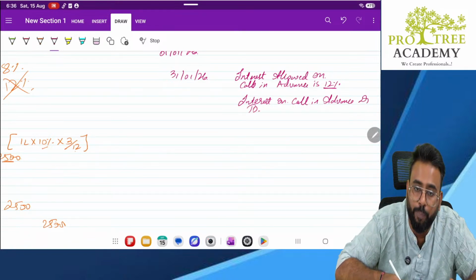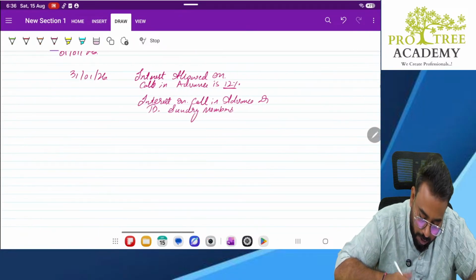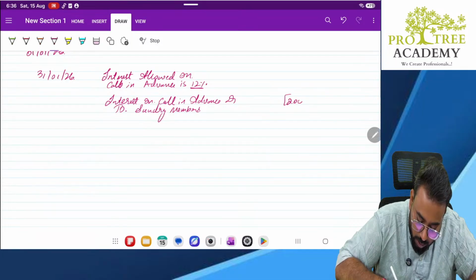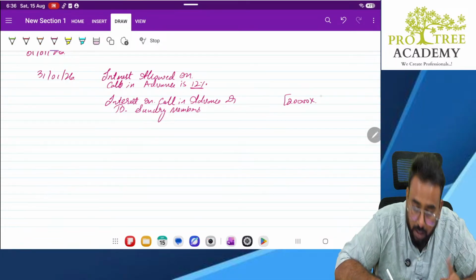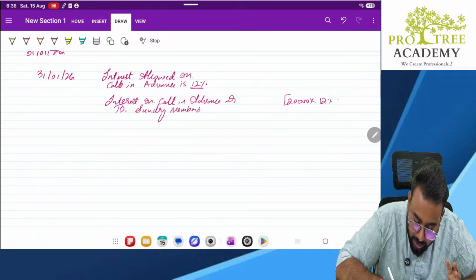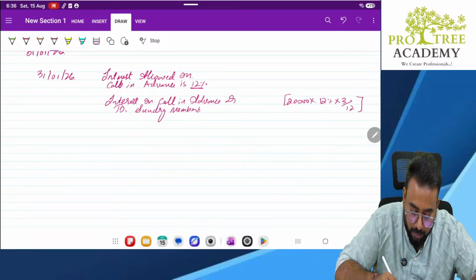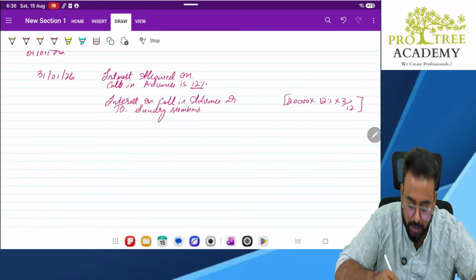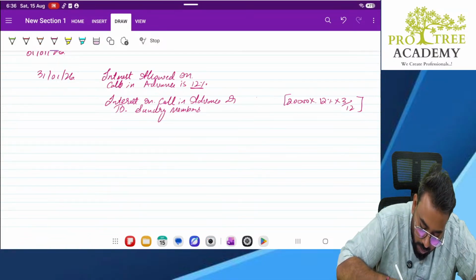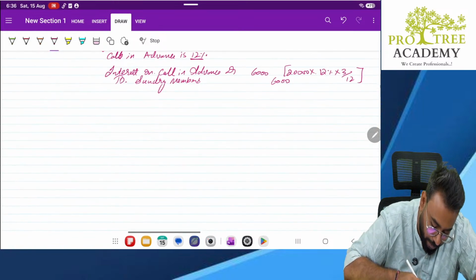To whom to pay? We are going to pay to sundry members. Correct? Sir, how much do we need to pay? 20,000 rupees was the excess money which we are having, into 12%, into 3 by 12. Clear? Yes. So that will be 6,000. When we actually pay, what is the entry?